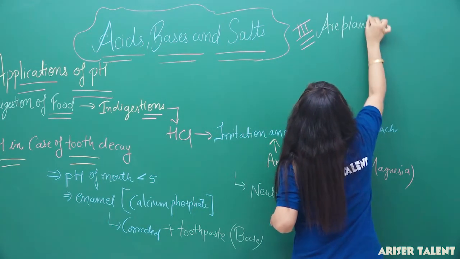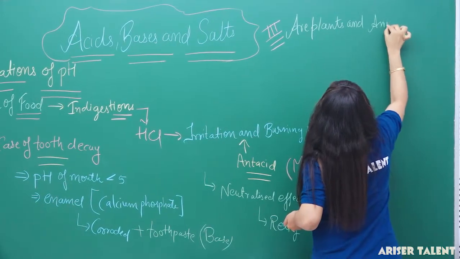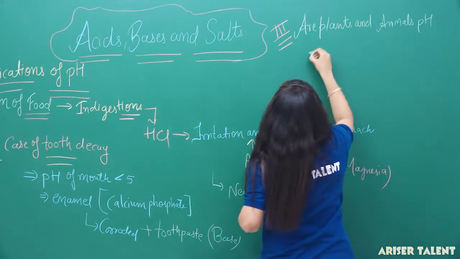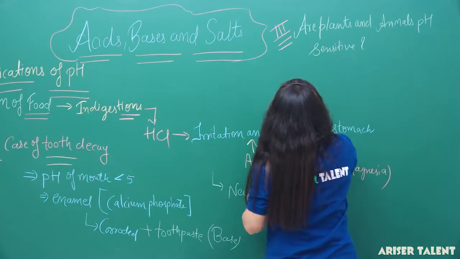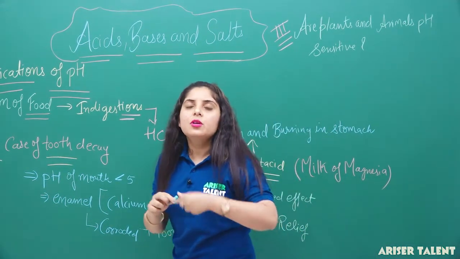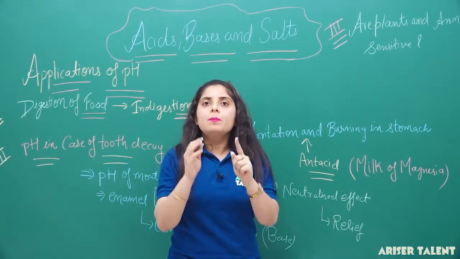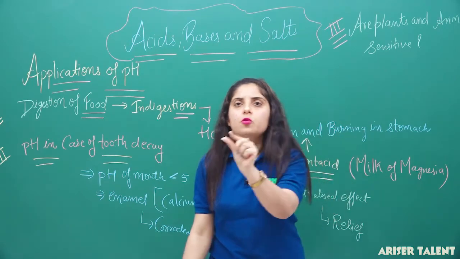The third application of the pH will be in our plants and animals. Are plants and animals pH sensitive? This will be the basic question. Now the first thing here is, human beings can only survive in a pH range from 7.0 to 7.8.